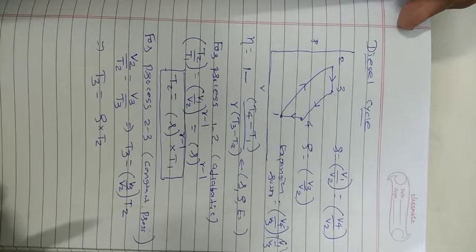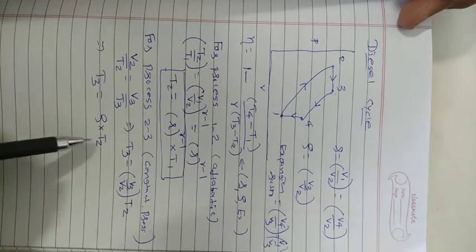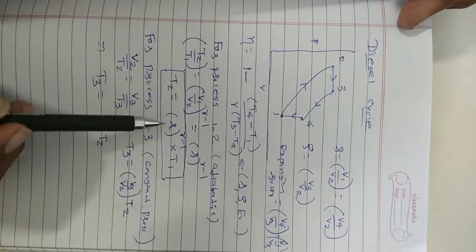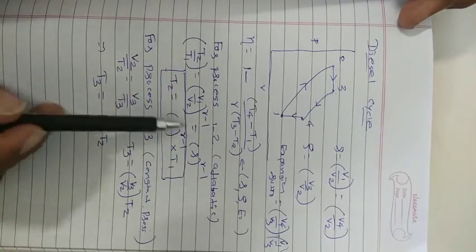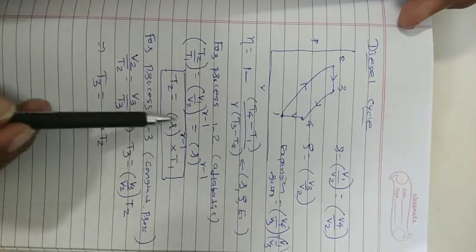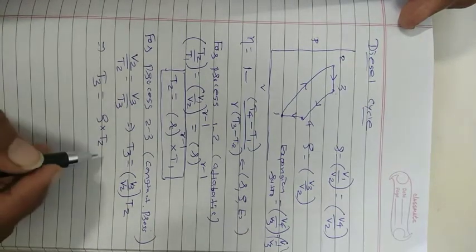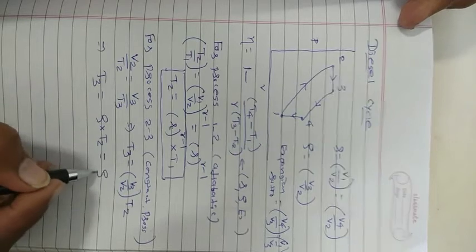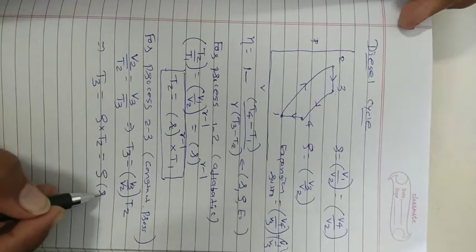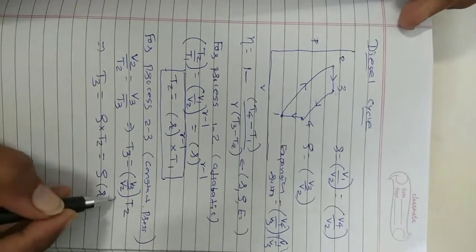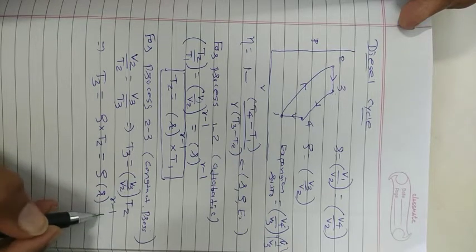But as I told you, we will convert all the equations in terms of T1. So we will take the value of T2 from here and put it in place of T2. So what will be the answer? Rho, then R raised to gamma minus 1 into T1.